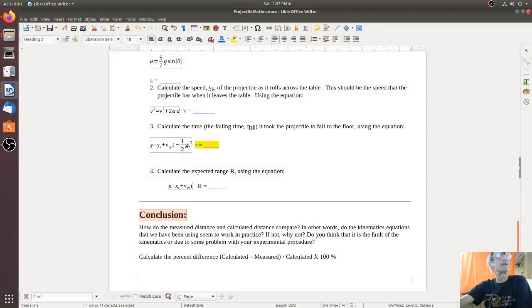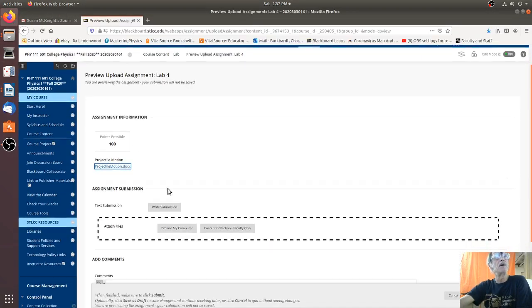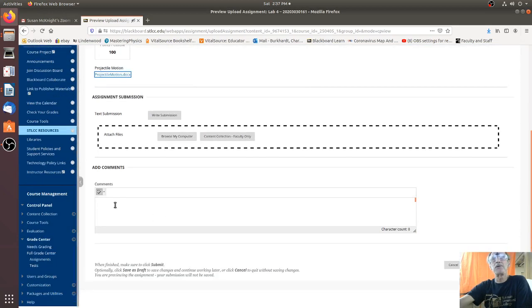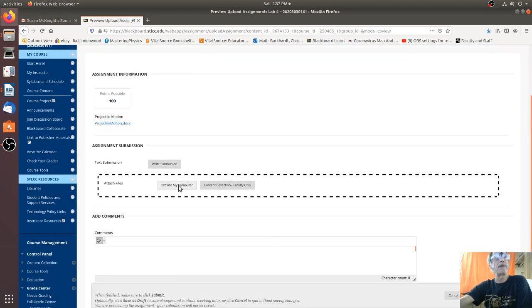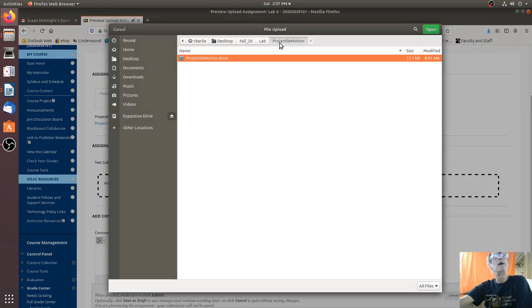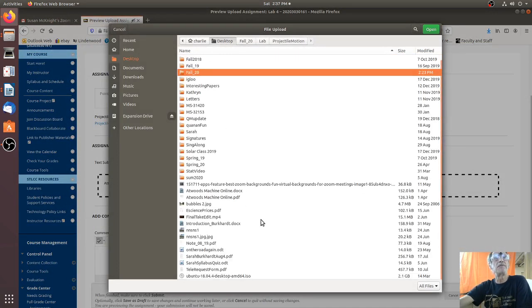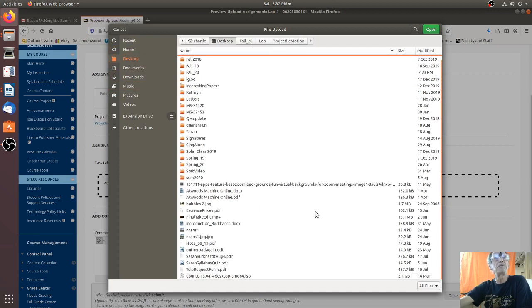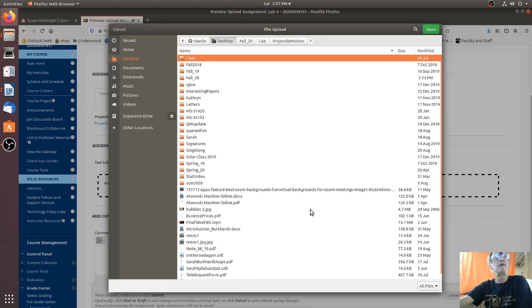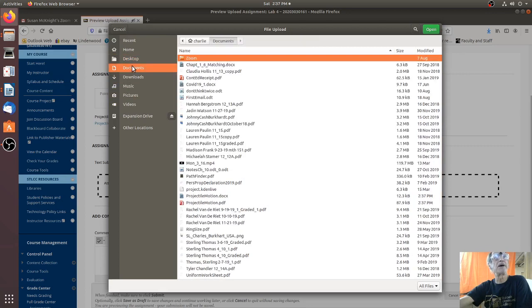And then I go back to Blackboard, of course, my page where the lab is, and then I browse my computer, and I don't know where it saved it. I wasn't paying attention when I exported it to PDF.